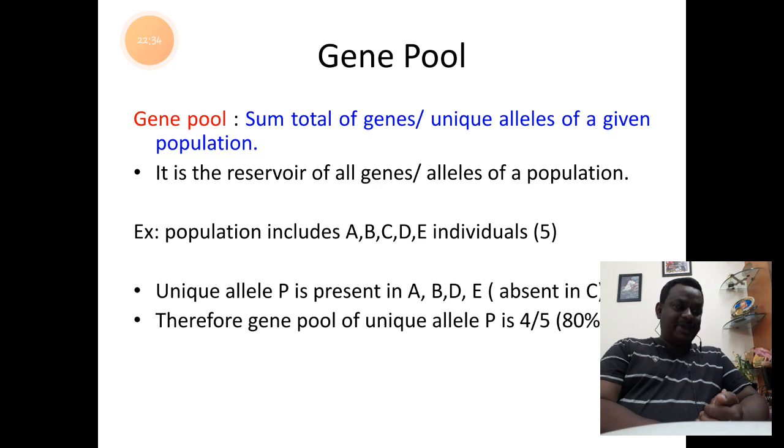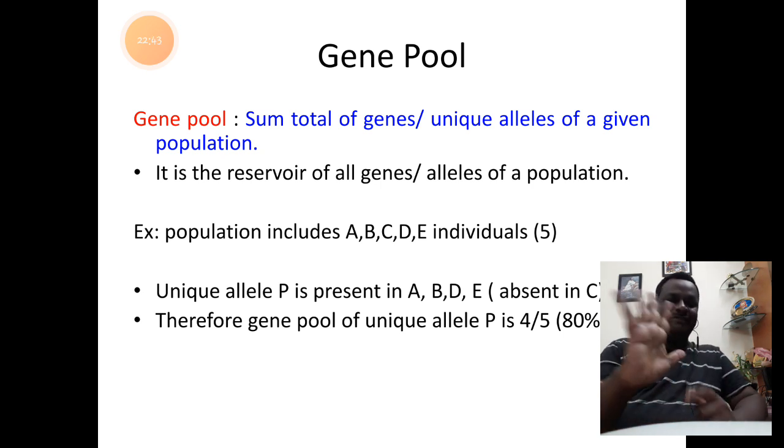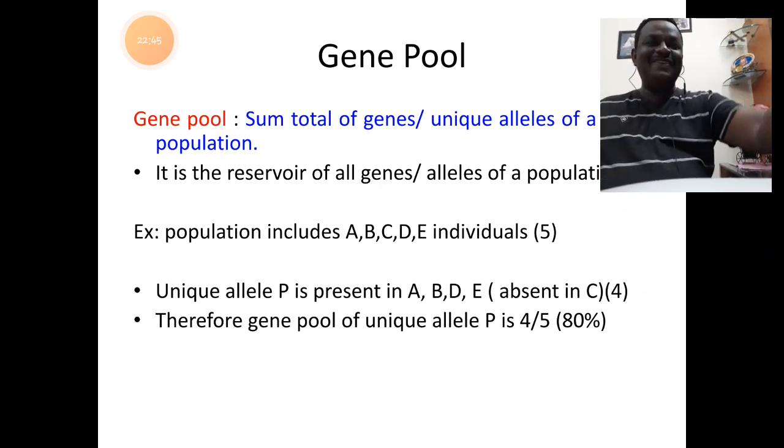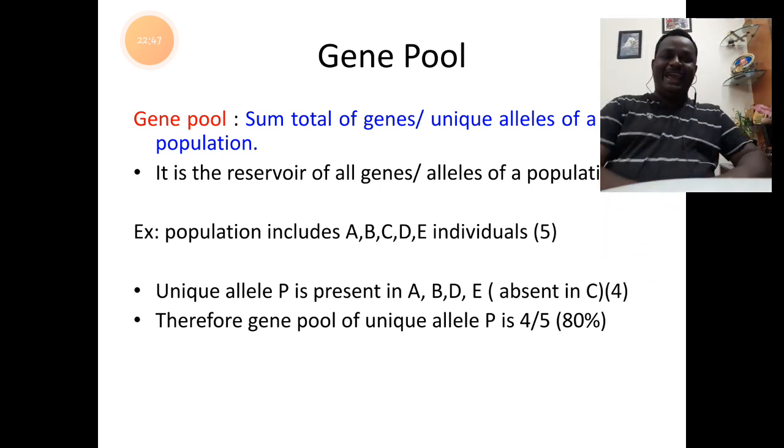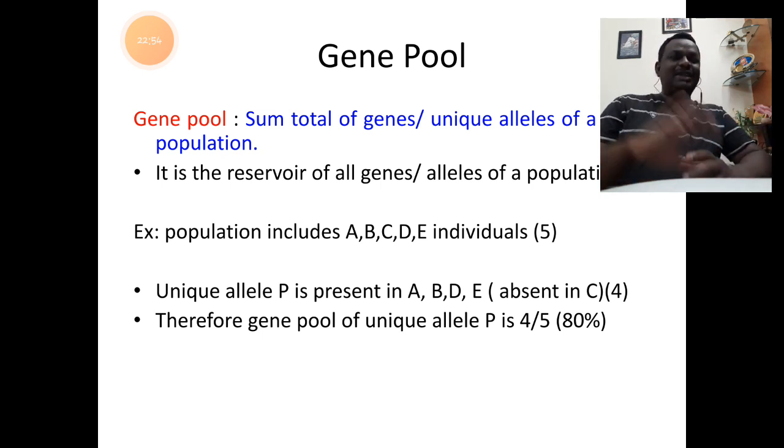Example here, a population includes individuals A, B, C, D, E, 5 individuals. Students, we will understand what the gene pool is again. So there are 5 individuals in a population, let us assume. There is a unique P gene or allele present in A, B, D and E individuals.